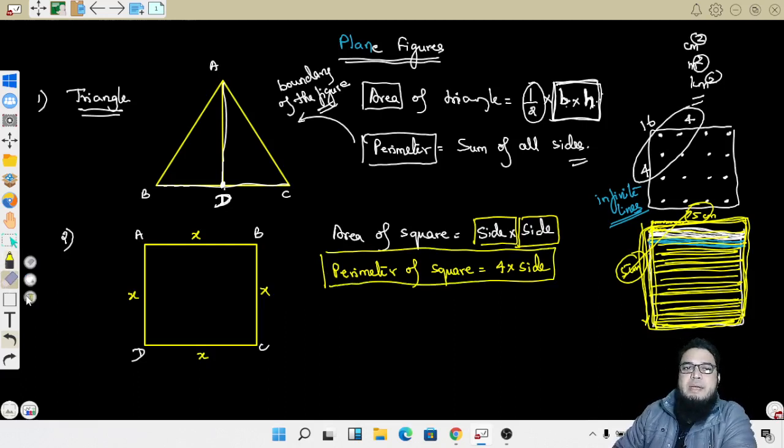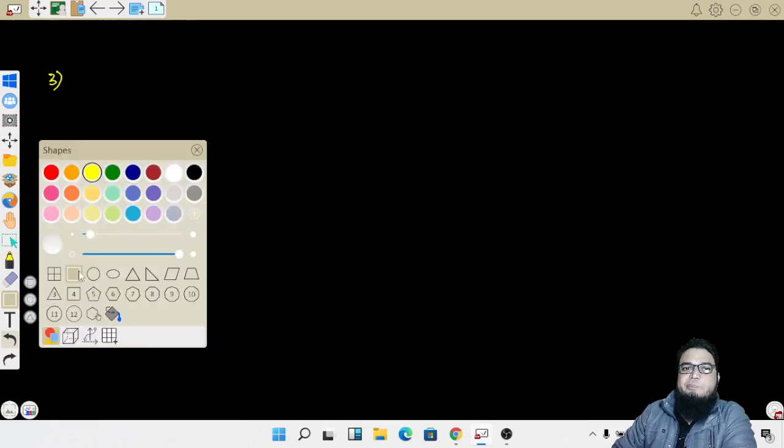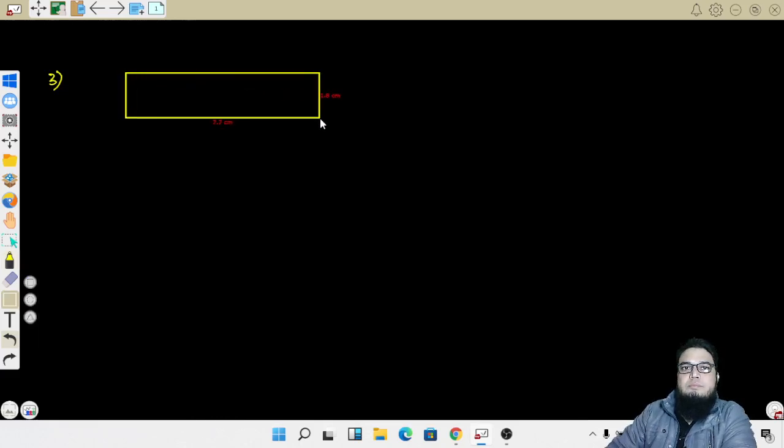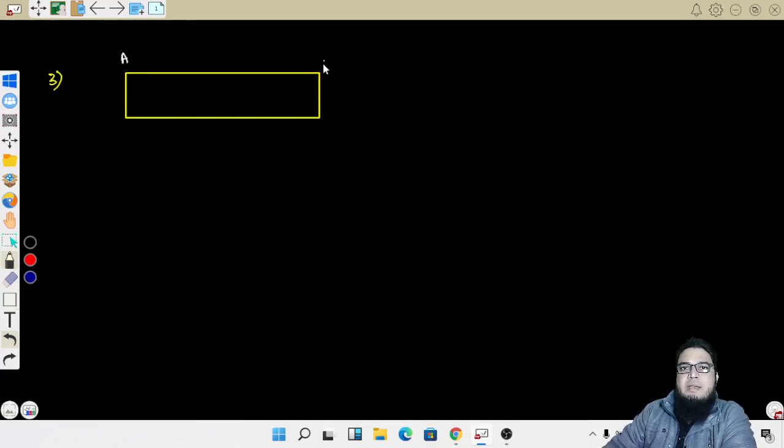Now, coming to the third one, that is the rectangle. The rectangle has A, B, C, and D as vertices, this length is L, and this one is breadth.